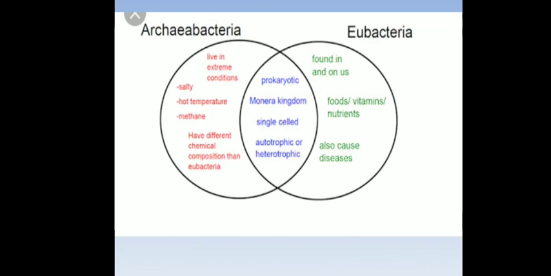And eubacteria differ, meaning they are found everywhere. Generally they can survive on foods, vitamins, nutrients, etc. and they can also cause diseases. These were some of the characteristics of eubacteria and archaebacteria.